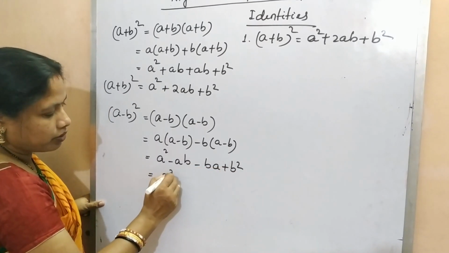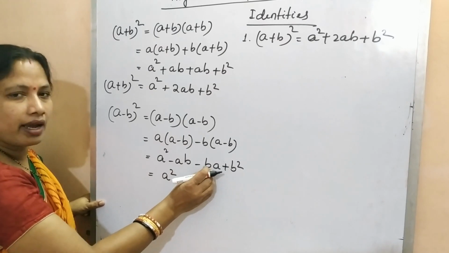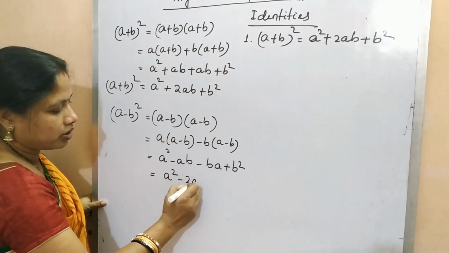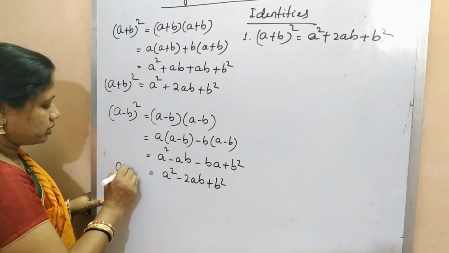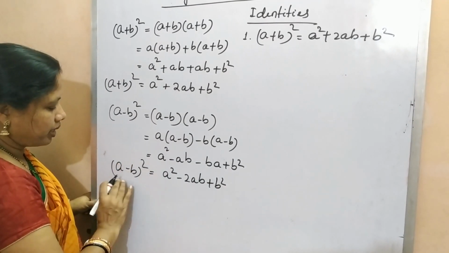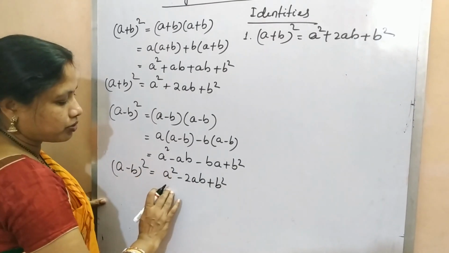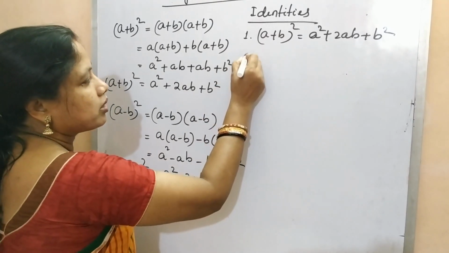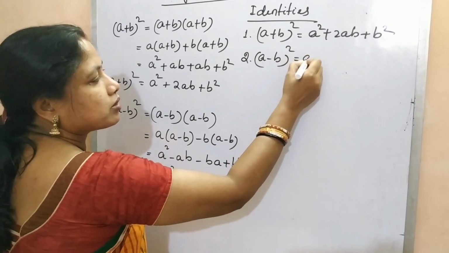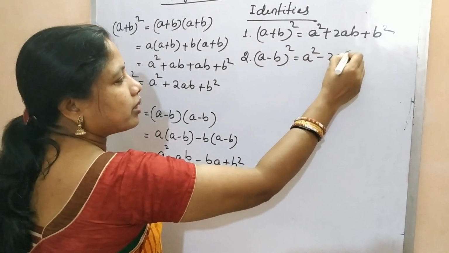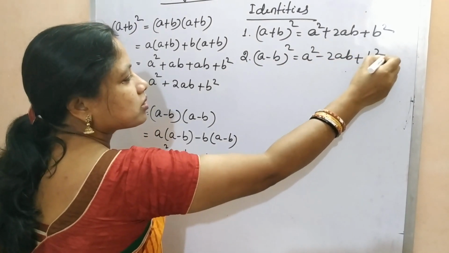So this is equal to a square, ab and ba are like terms, so minus 2ab plus b square. So this is our second identity. (a - b) whole square is equal to a square minus 2ab plus b square.